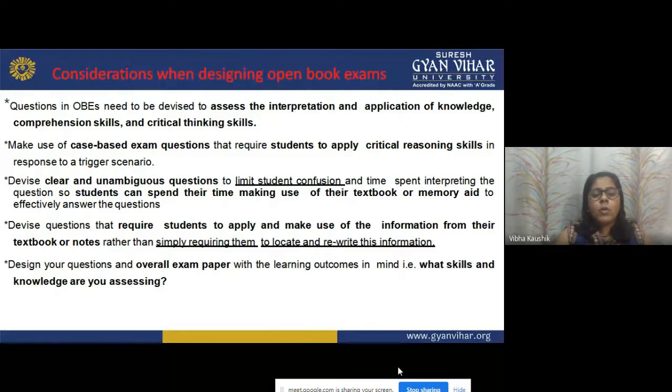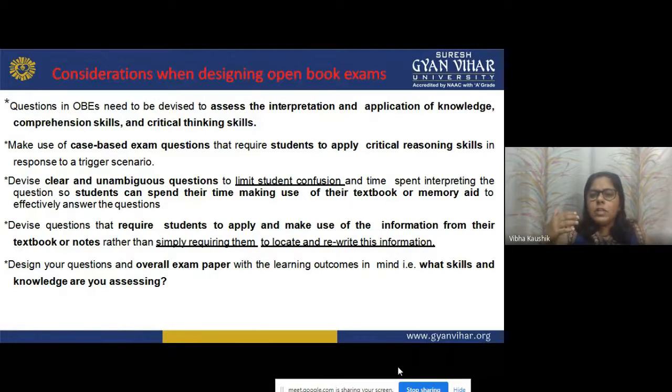Design your questions and overall exam papers with the learning outcomes in mind. These are the learning outcomes that we want to achieve through this assessment. What skills and knowledge are you assessing?